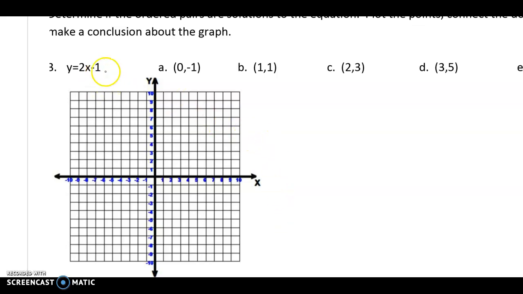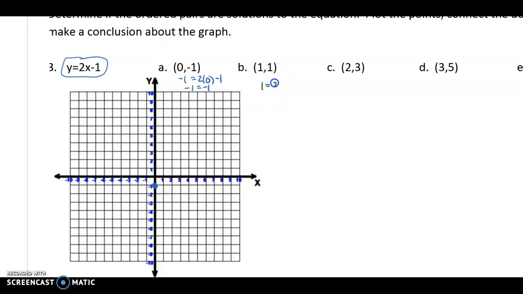So if we check to see which one of these points are solutions to this equation here, and we plot them, what happens? So here, if I replace y with negative 1, so negative 1 equals 2 times 0 minus 1. Is negative 1 equal to negative 1? Yes. So we're going to plot that point right here. Now let's try 1, 1.